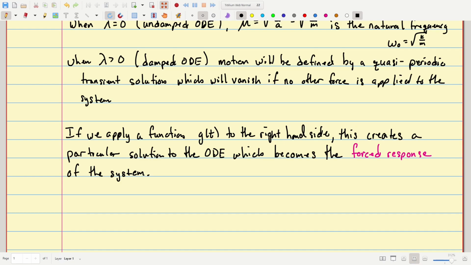It's just defined by the system parameters. For the oscillating mass, just the weight, the damping, and the spring constant. Okay. But if we apply some other force to this system, then we'll get a forced response. It's just another term by which we refer to the particular solution.